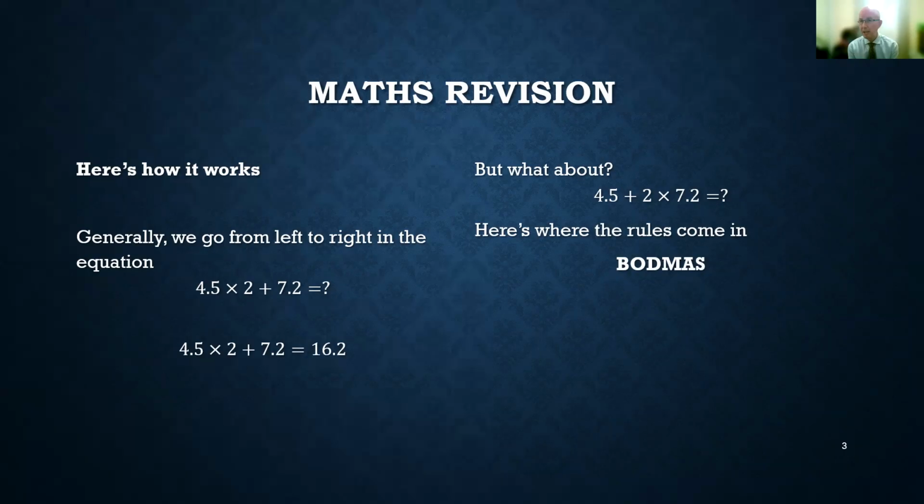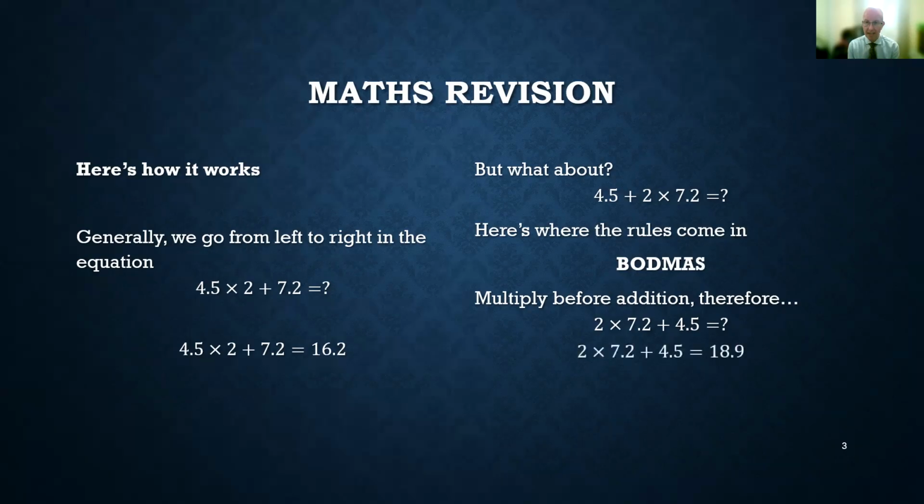Okay, we do the multiplication first before we do A, addition, S, subtraction. So we do the multiplication before we do the addition. And so we multiply before addition, therefore, we could rewrite the equation as 2 times 7.2 plus 4.5 and just work from left to right. So 2 times 7.2 is 14.4 plus 4.5 gives us 18.9.